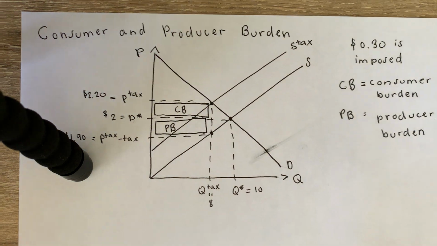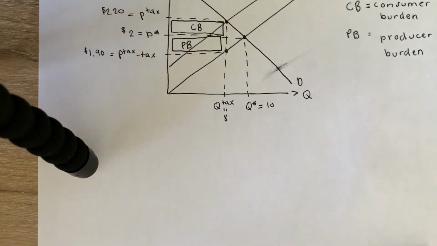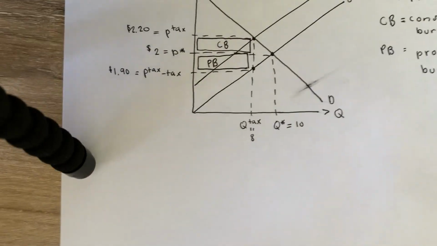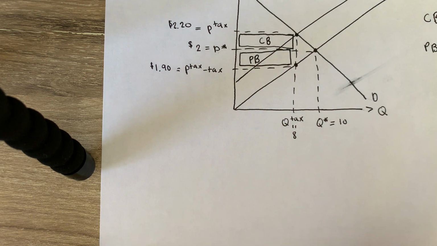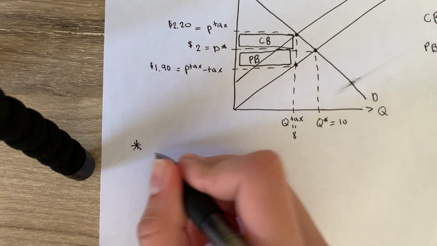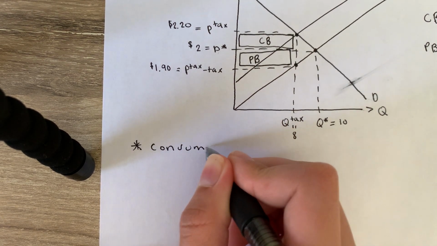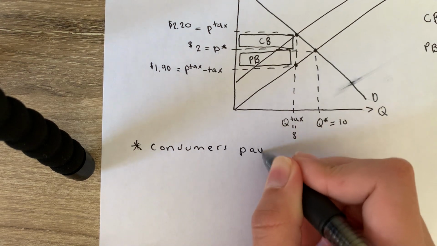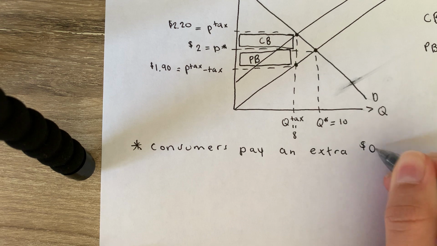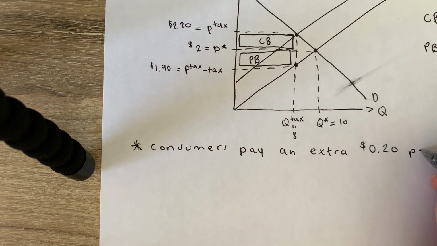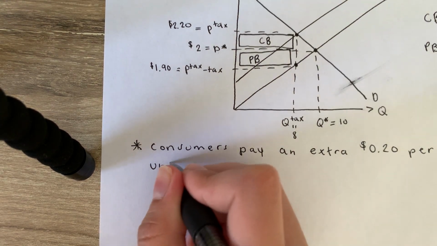Right, so we can write this out. Let me scooch this down just a little bit so you can still see most of it. Right, so this is important, right? We can note that consumers pay an extra 20 cents per unit, right?